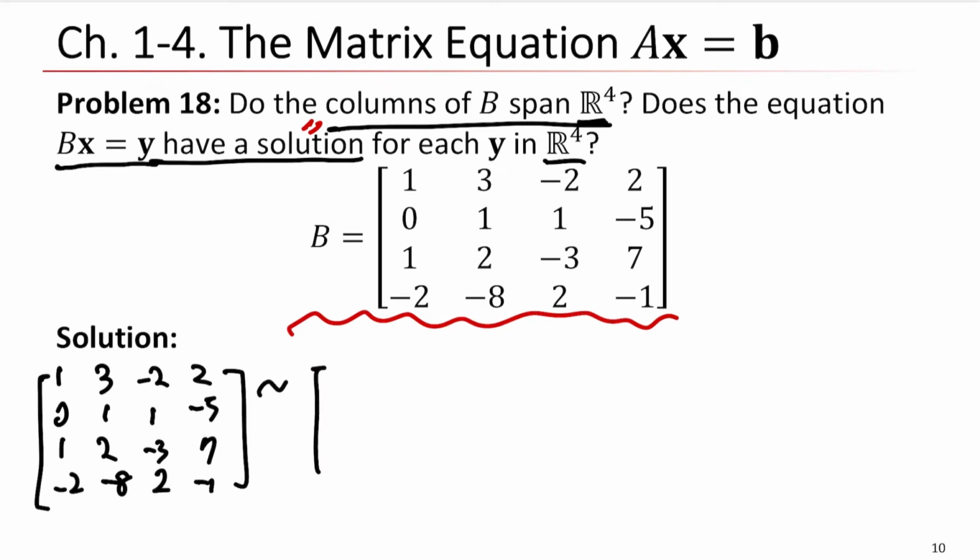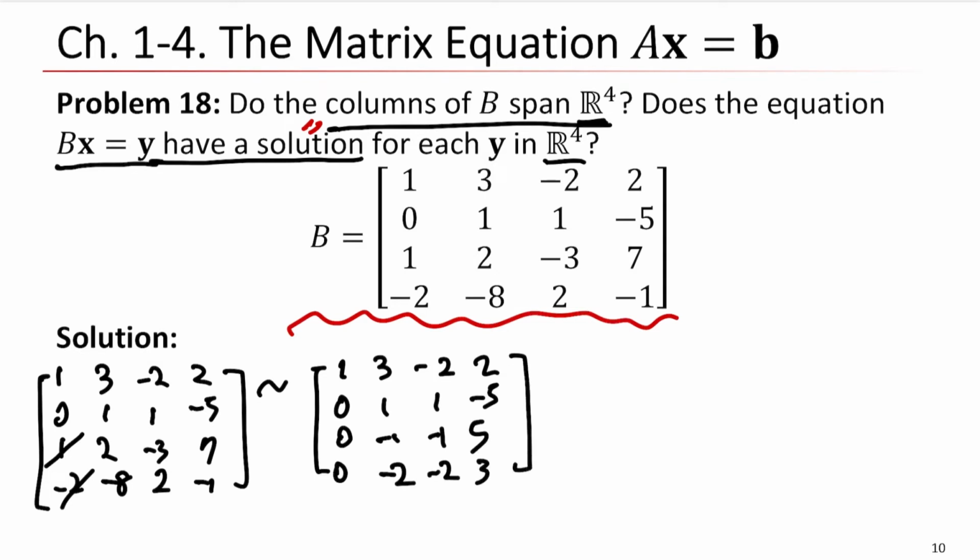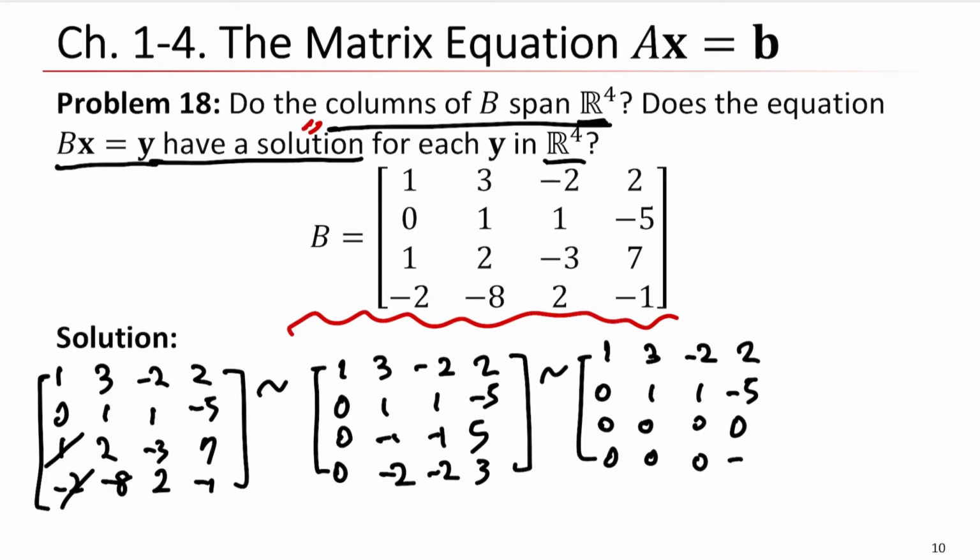Okay. First of all, remove this one, right? Then 1, negative 5, 0, 0, 0, 0, 0, 0, 0, negative 7, right?